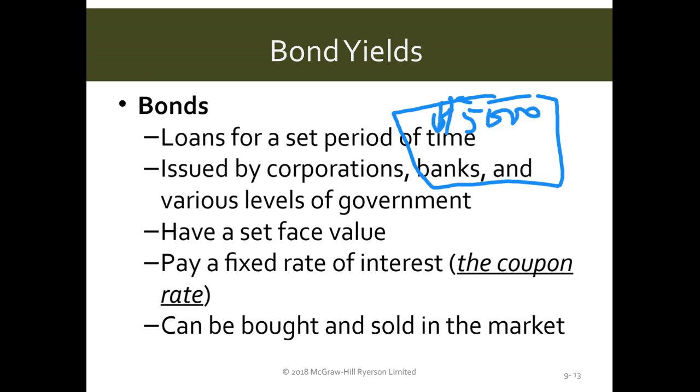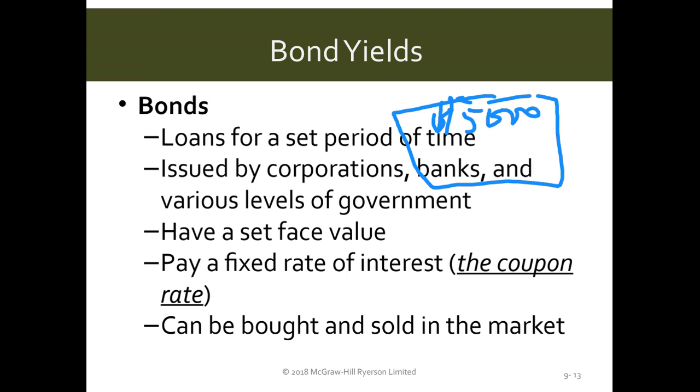Why am I emphasizing the face value? Because when you buy and sell these bonds in the secondary market, not from the original issuer, then 5,000 is not necessarily the price. You can buy this bond for 5,500. You can also buy the same bond for 4,500.